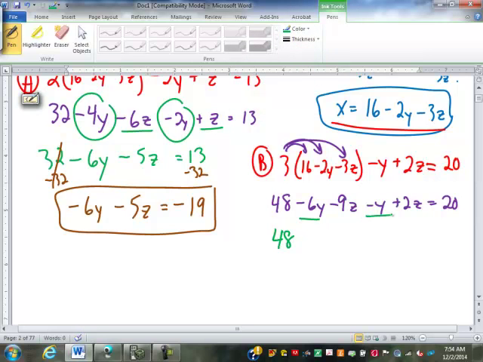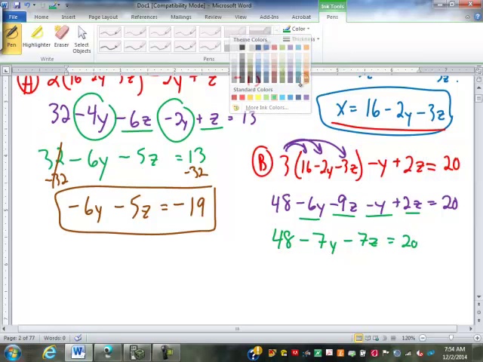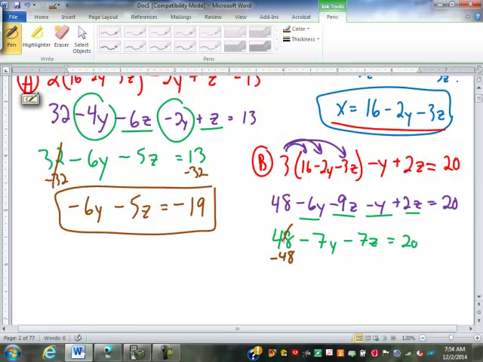Negative 6y and negative y, negative 7y. Negative 9z and 2z, negative 7z. And we shall now subtract 48 to get all the numbers on one side. So negative 7y minus 7z equals negative 28.